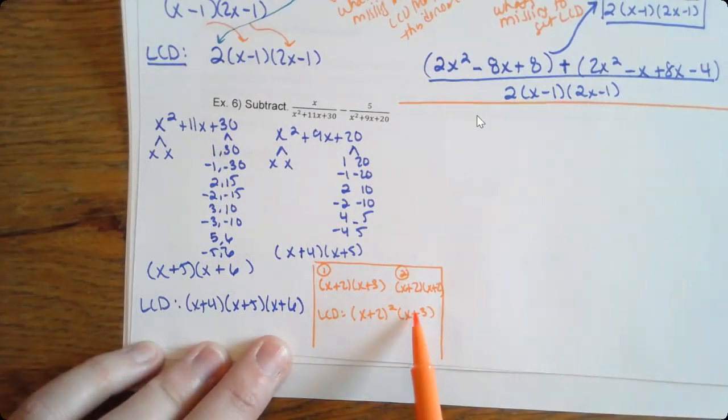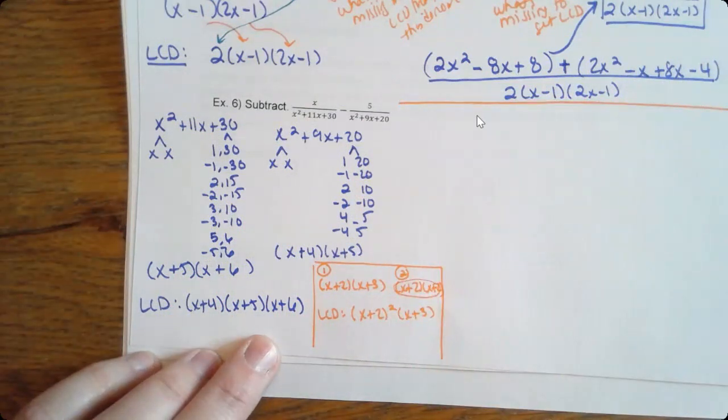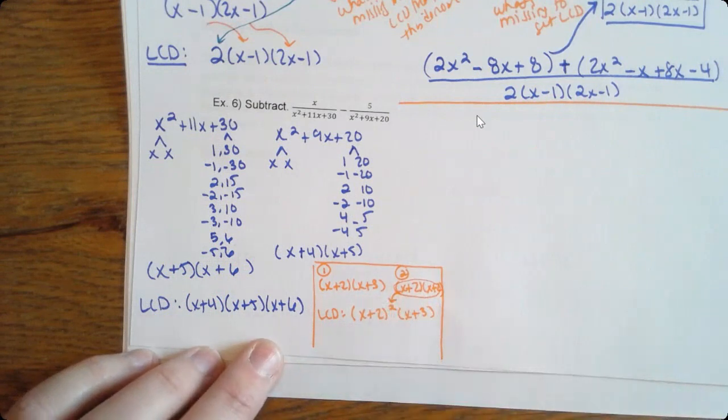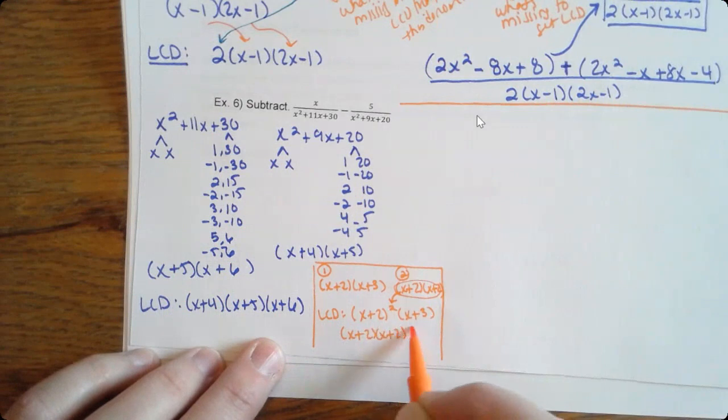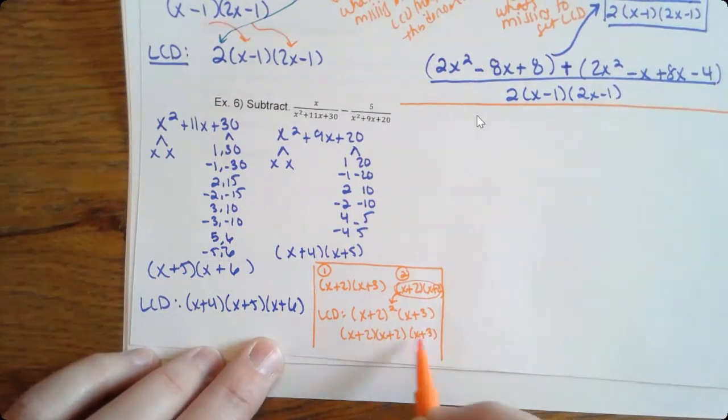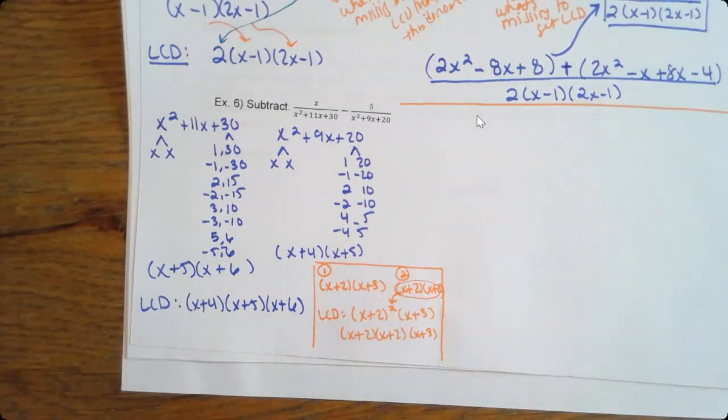The x plus 3 comes from here, and then you do have an x plus 2, but because this one has 2 of them in the same polynomial, you do have to have 2 of them there. So this is the only time that you would repeat a factor in your LCD, if it is repeated in one of the polynomials as well. Otherwise, you don't need to have it written more than once.